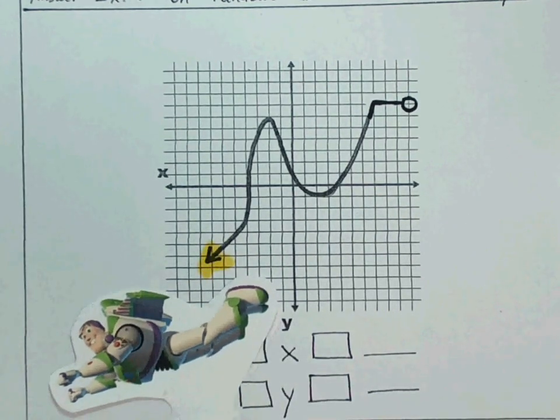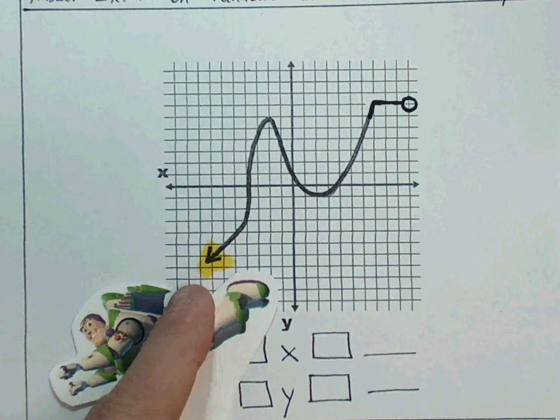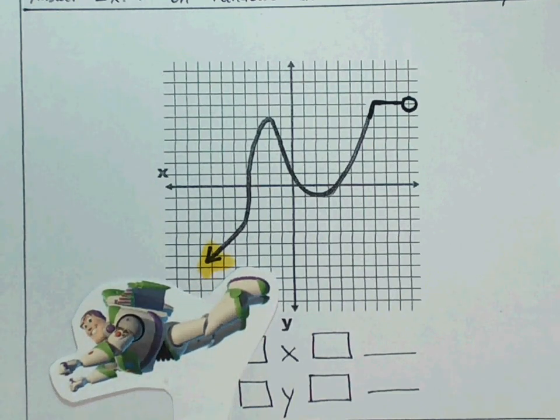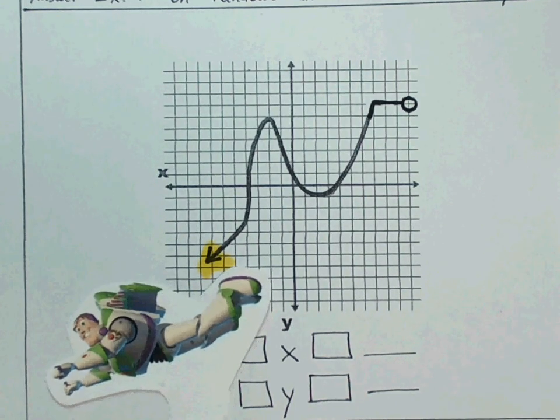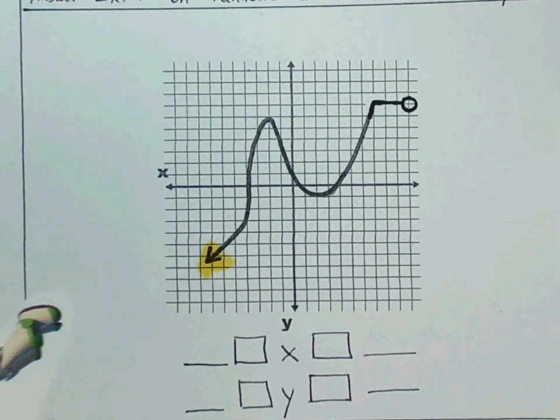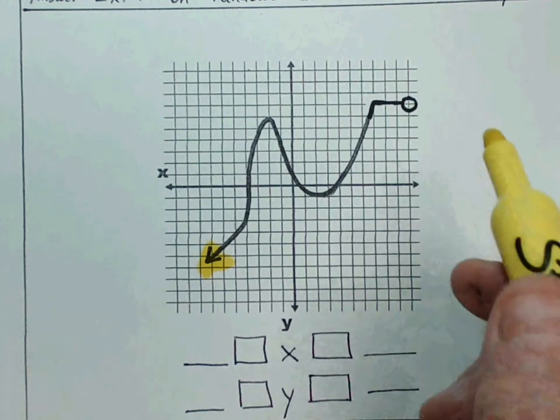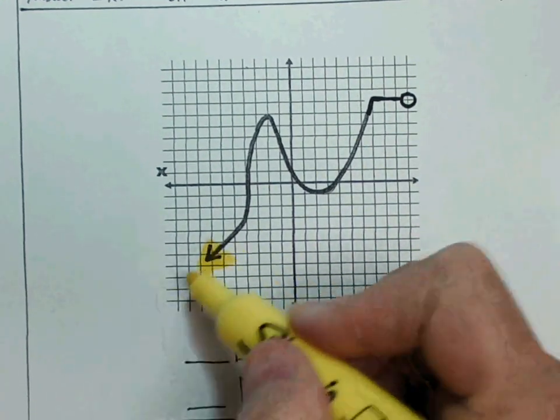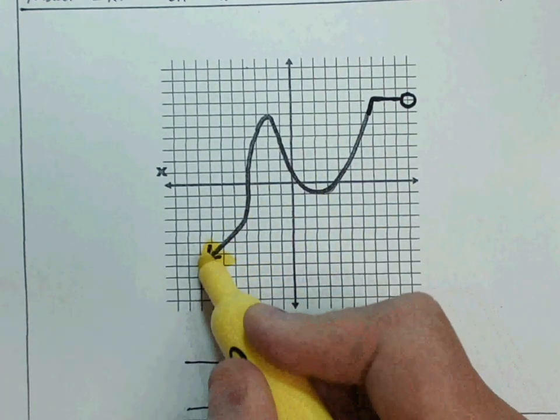Alright, so Buzz is saying right here, we got infinity going down this way. How can I make a picture frame on something that goes on forever? To infinity and beyond. Okay, so we can't do a frame down here. If it keeps going, I can't frame.